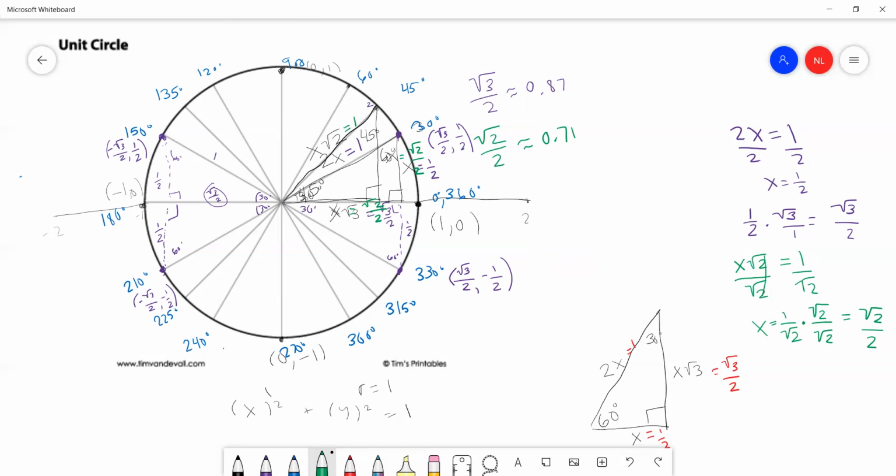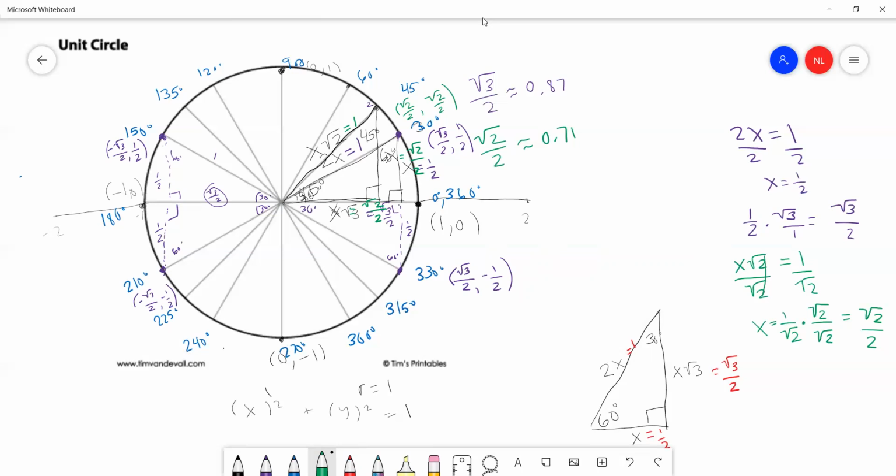So I know in a 45, 45, 90 triangle with a hypotenuse of 1, the side lengths will be √2 over 2 and √2 over 2. So how far to the right did I go? Well, I went √2 over 2. And how far up did you go? Well, I went up √2 over 2. And again, for reference, we said √2 over 2 is about 0.71.